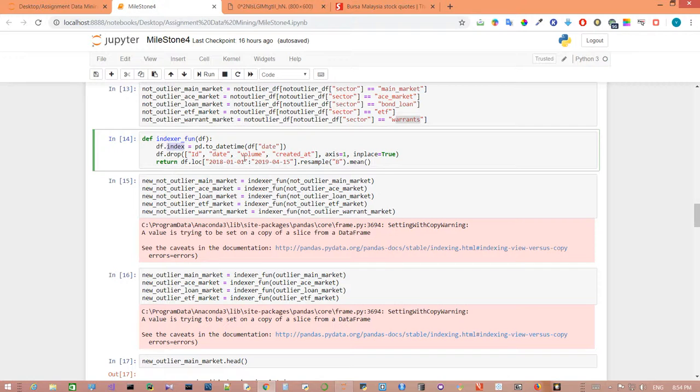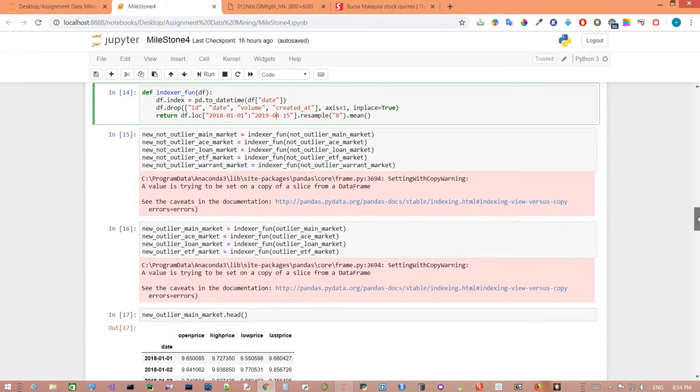This is a function, and as you can see here, we can simply say that I want to grab data from this one to this one, as simple as it looks here. And I am feeding all of the not outlier main market and not outlier ace market data, based on different sectors, to this indexer function, and creating a time series from all of them.